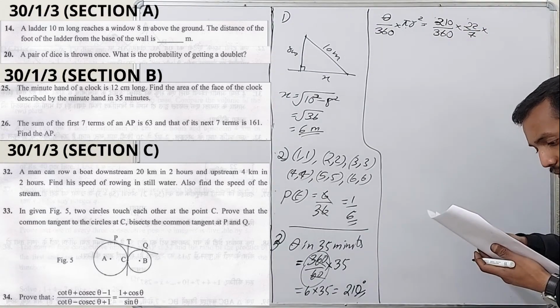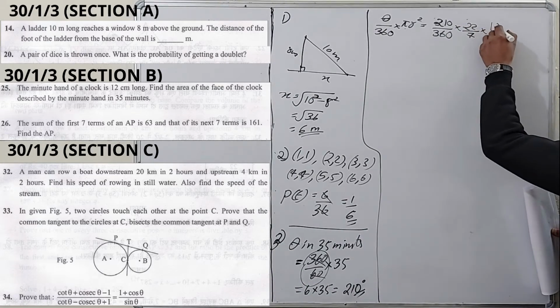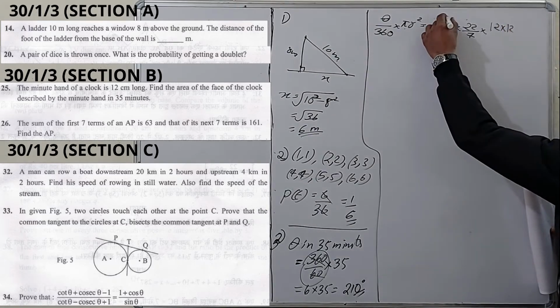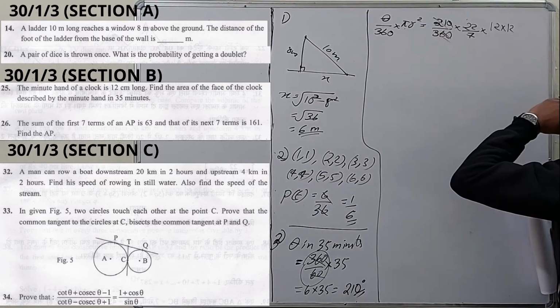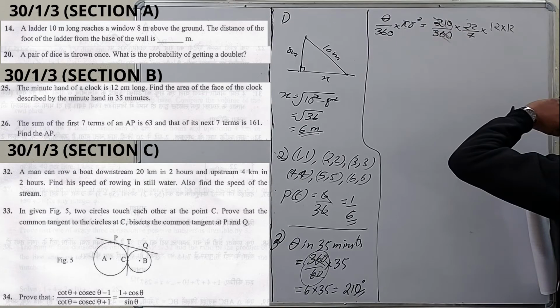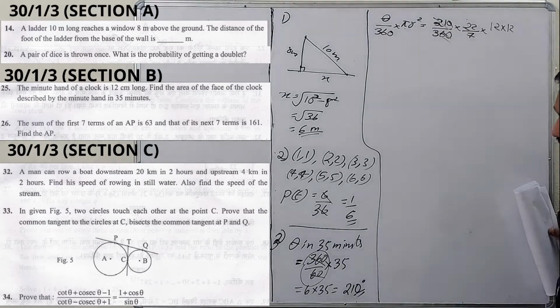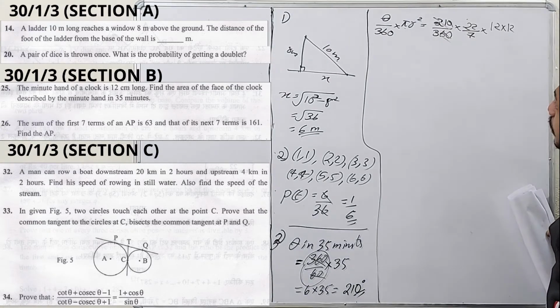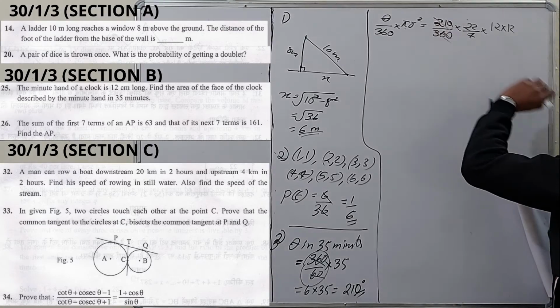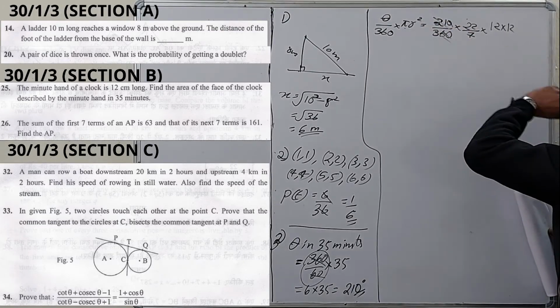That is the length of the minute hand, 12. 12 into 12. This is cancelled. Again we will get here 210 by 360.